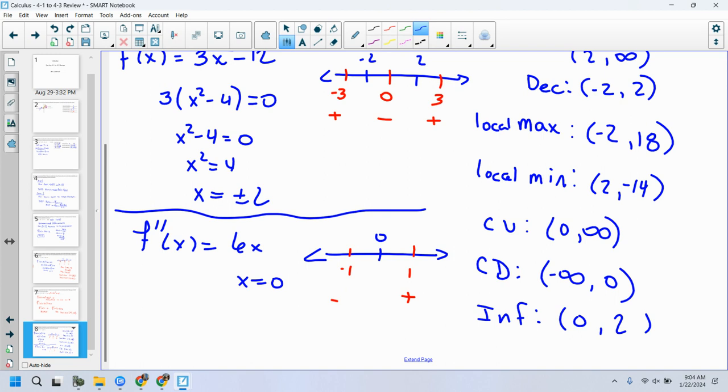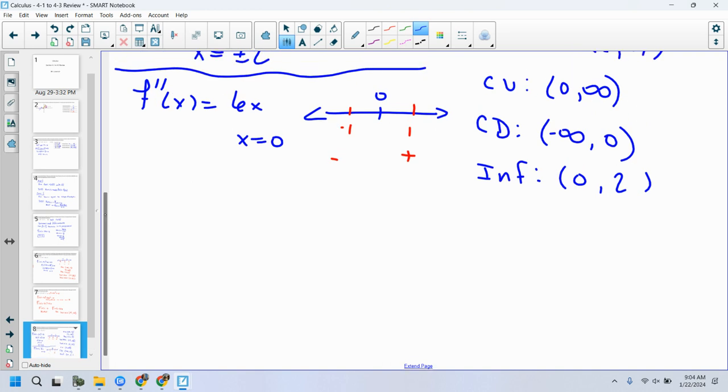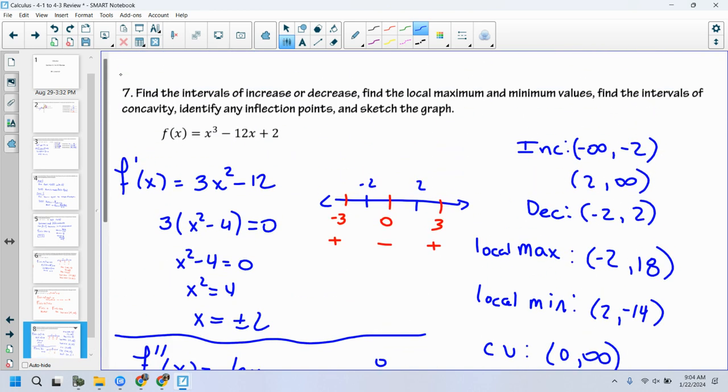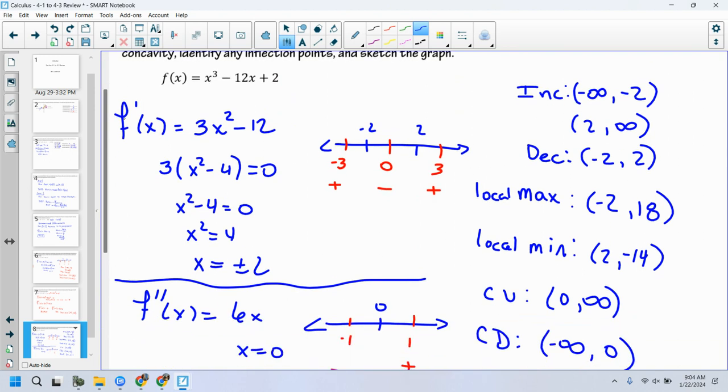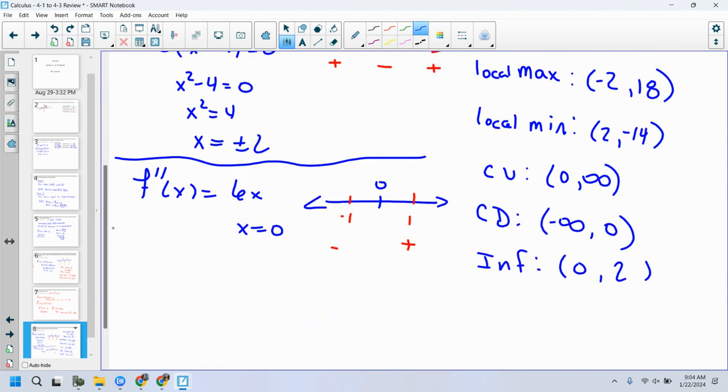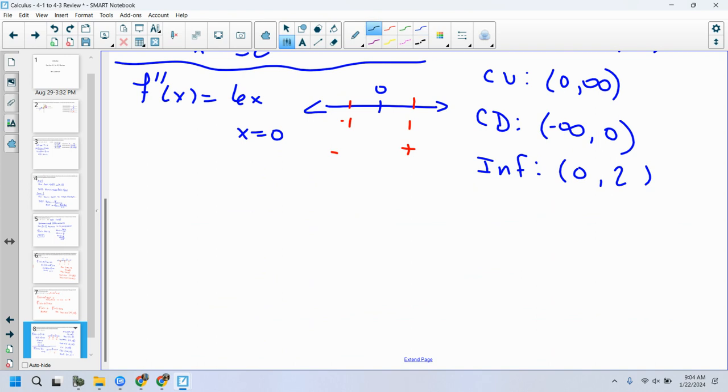Now, all that information is used to graph now. Okay. Now, let's see. What are my critical x values? Negative 2, positive 2, and 0, right? So I'm going to say, just a sketch, remember.